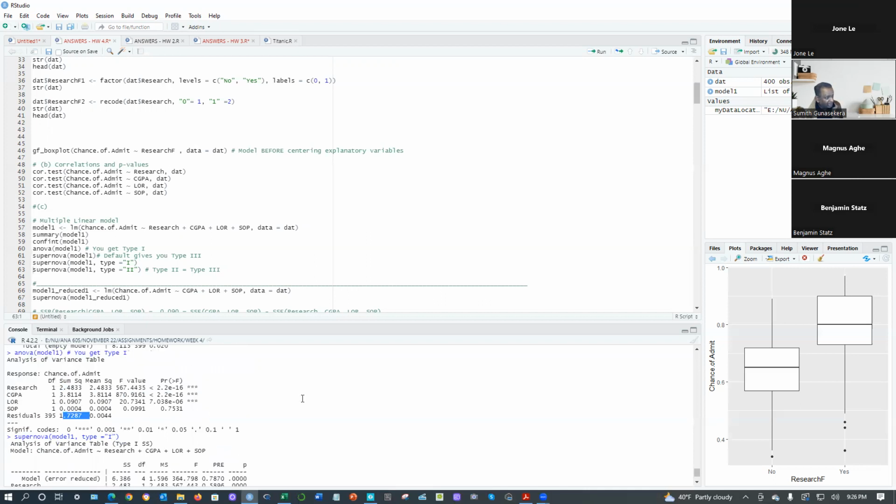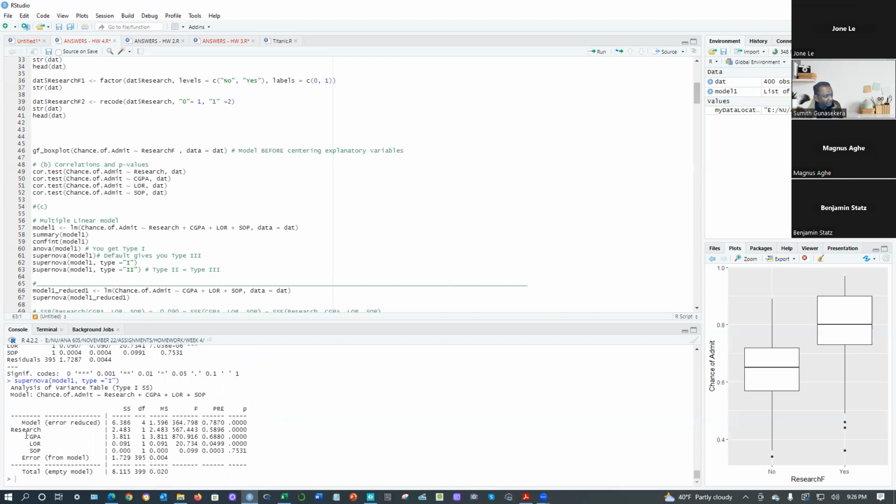In this ANOVA table, it shows you the model error reduces this much, and your regression is this much: SSE, SSR, SS total. In addition, you will see four others: research, CGPA, LOR, and SOP.